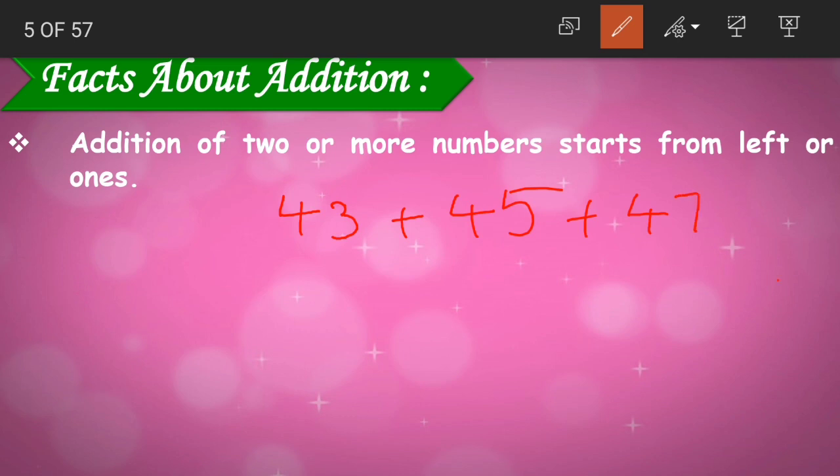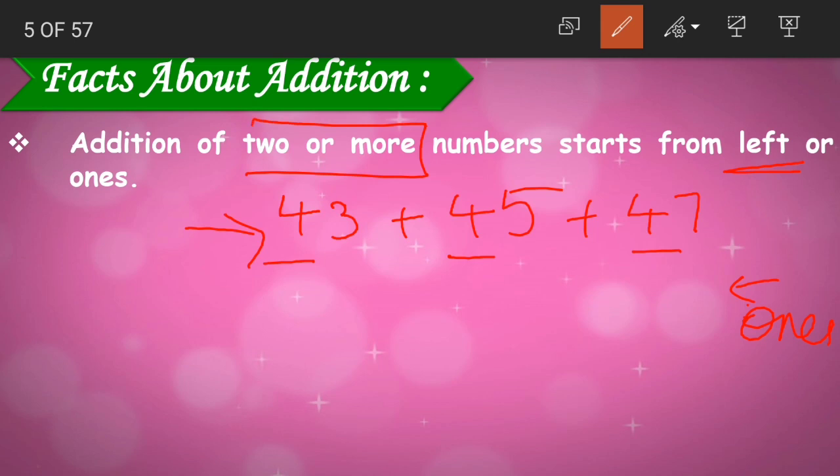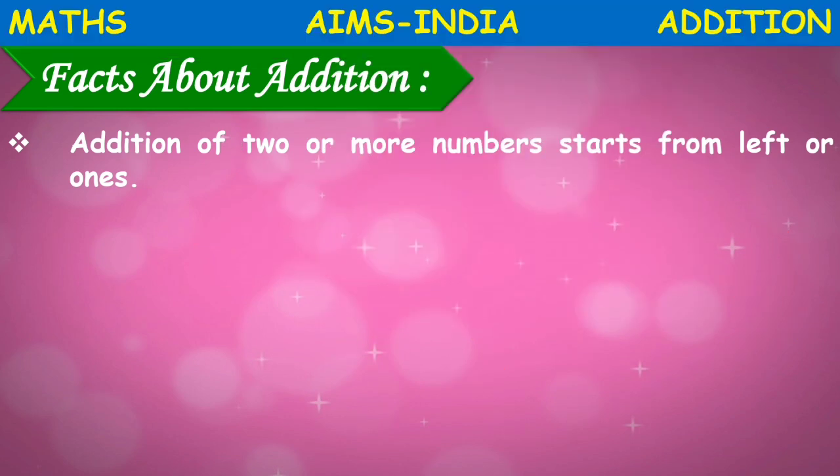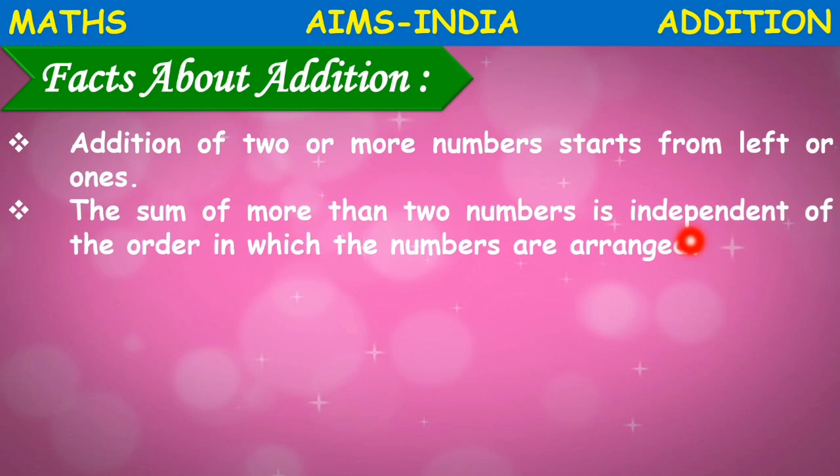What they are saying here is, normally we start adding from the right, that is the ones side, but we can start adding from the left as well when we have two or more numbers. So addition can be done either from the left or from the ones. Children, however you are convenient, you can start adding the numbers.